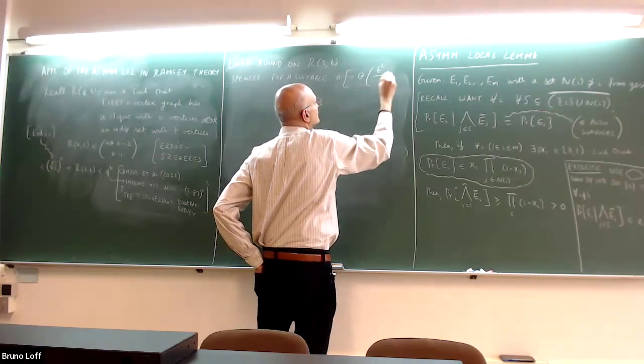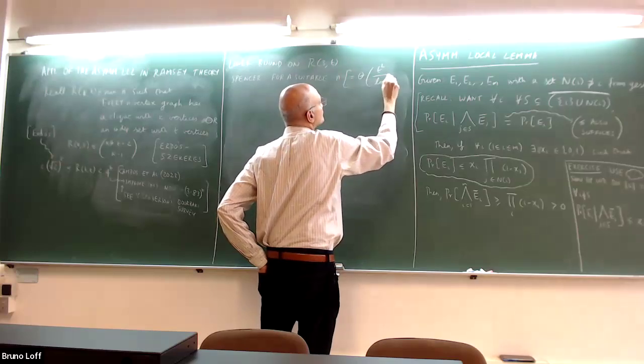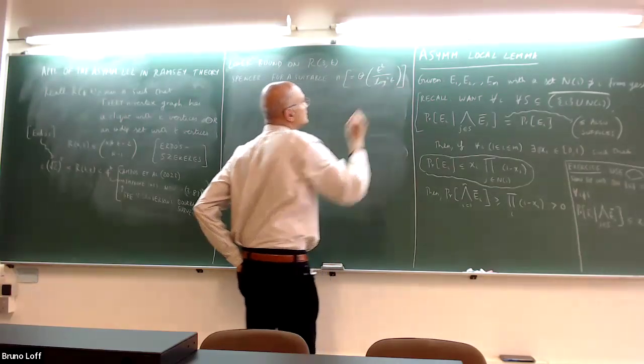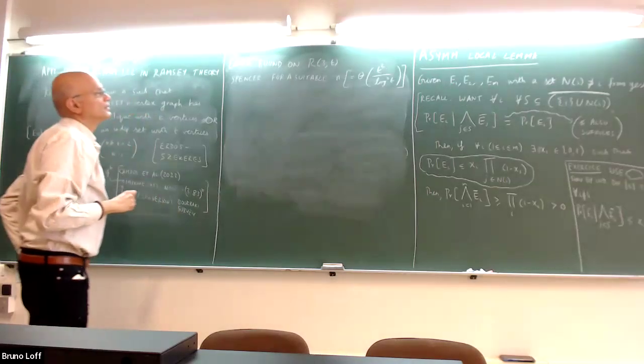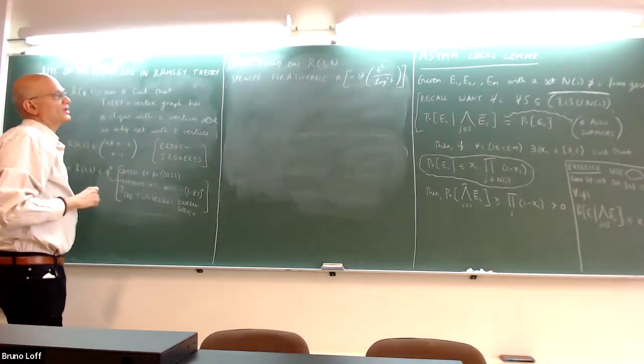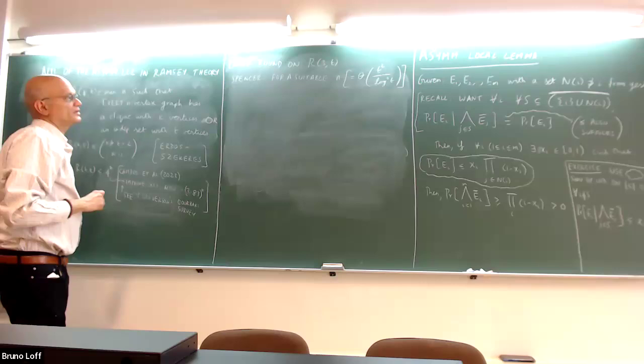You will see, without proof, that it's of the form n would be of the form t squared over log squared t.